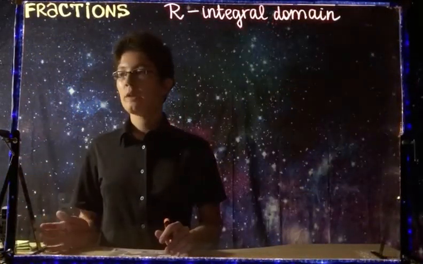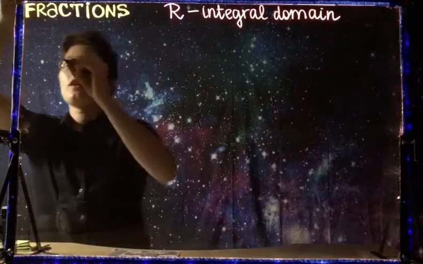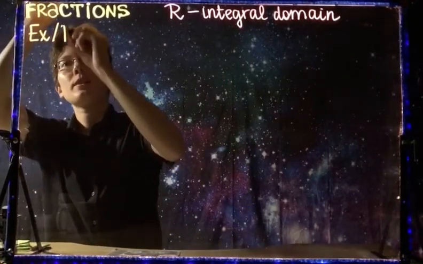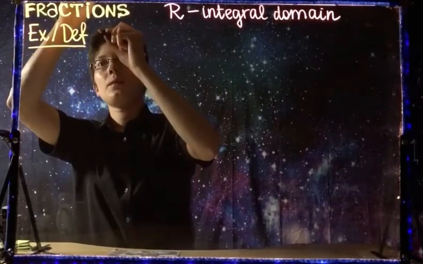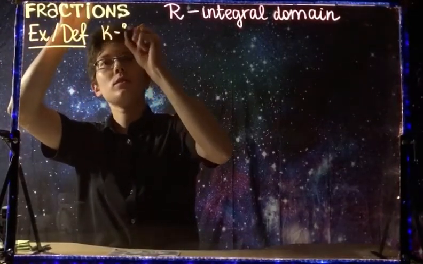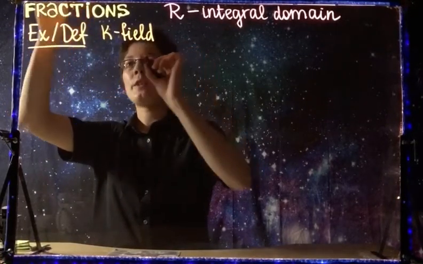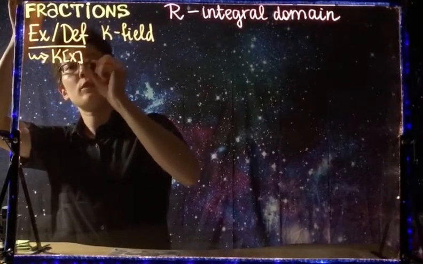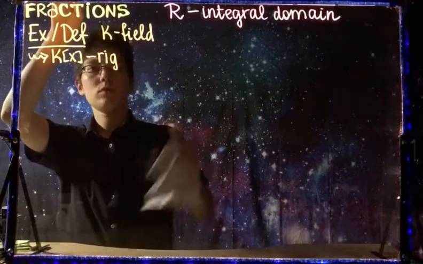As usual, we introduce some definition or construction, and we consider some examples afterwards. So example/definition. If K is a field, then we already defined what its ring of polynomials is.